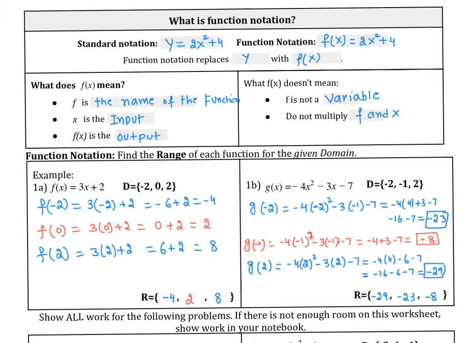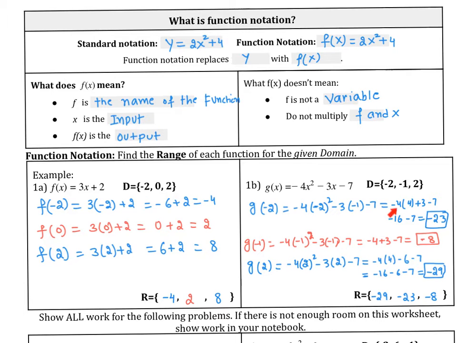So for 1b, you're going to find the outputs when the inputs, or domain, are -2, -1, and 2. So you plug in the values one by one. So g of -2 is -4 times, so there is an x squared, so the x value is -2. So -4 times (-2) squared minus 3 times (-2) minus 7.